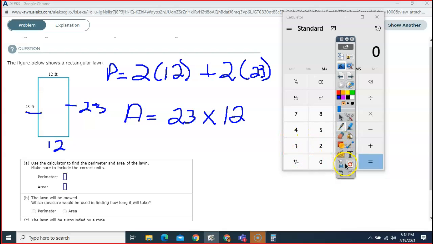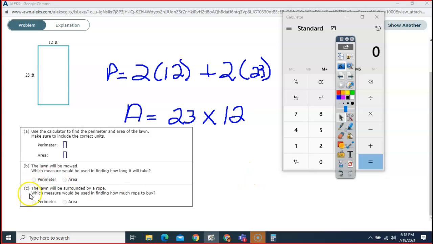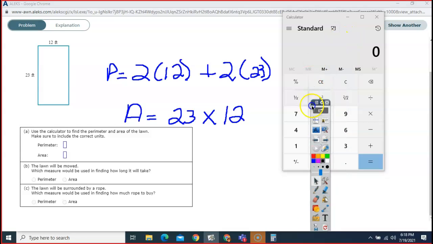All right, so I am going to take a look at it. It says the lawn will be surrounded. At the top, use the calculator to find the perimeter and the area. Well, the area, let's move this out of the way.